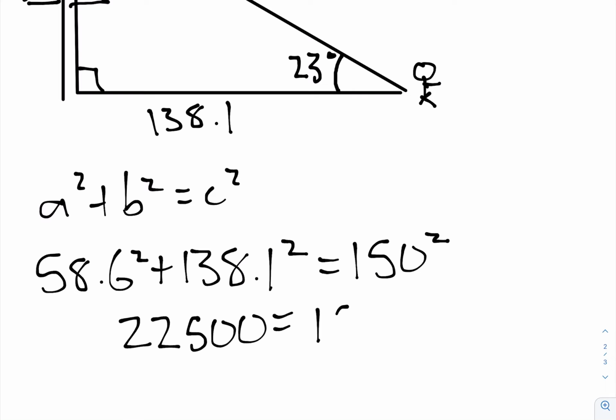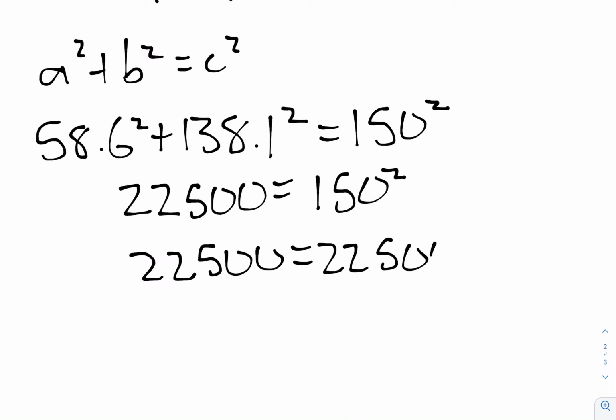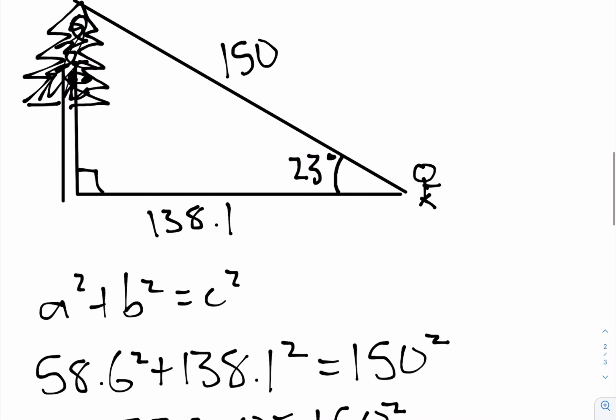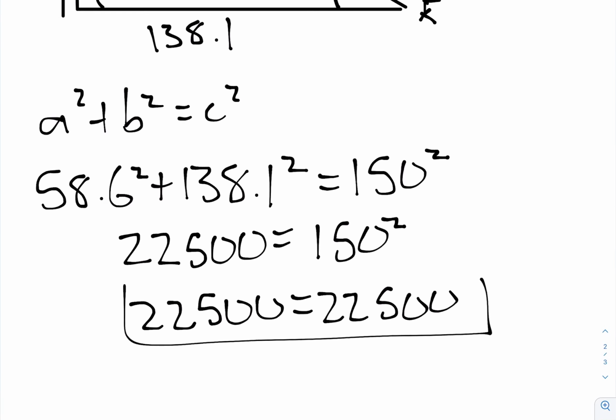Should be 150 squared. Let's just make sure. Let's square 150 in our calculators. Yep, 22,500 does equal 22,500. So we can use the sine, cosine, and tangent functions to replace Pythagoras, which is pretty profound. We just kind of proved it right here.